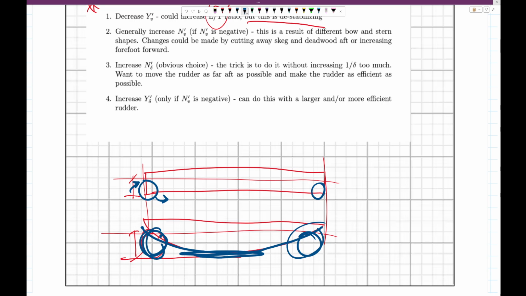Rudder efficiency is not something we're going to discuss, but we have used this strategy in the past. This was achieved by increasing the beam width, length, or also moving the beam further back.